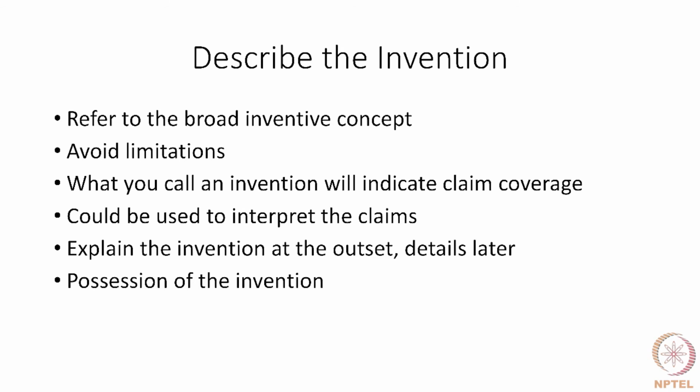Now, all that would indicate that the invention is still not completed, or all the aspects of the invention are not done. Some testing remains to be done sometime in the future. So, which may not go well with this requirement that the inventor, when he signs off on Form 1, makes a declaration that he possesses the invention. So this is the part of the specification where you can demonstrate that you have the invention with you.